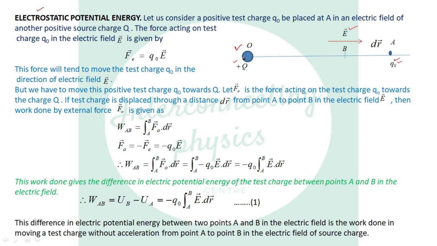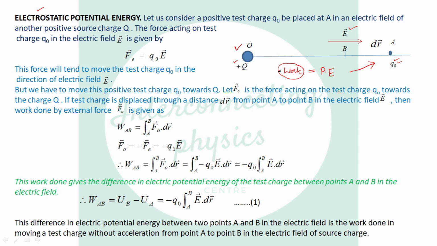And that external force which we have to apply to bring this test charge toward this source charge, we have to do some work. And that work done will be stored as potential energy of this test charge.